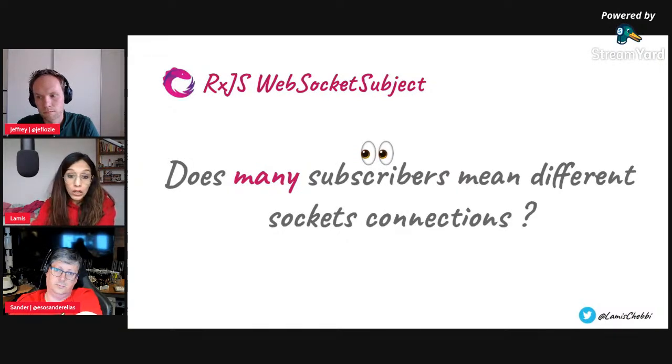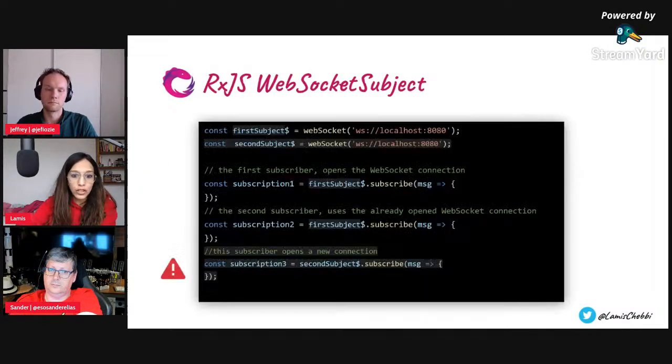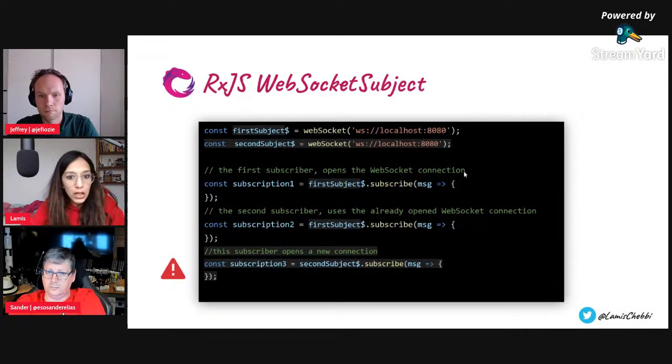Hopefully the RxJS implementation takes care of this, and it will check if there is already an endpoint connection. It will route to this connection, and this is how it translates into code. I have here two subjects.